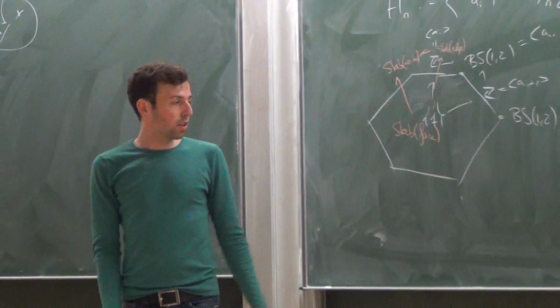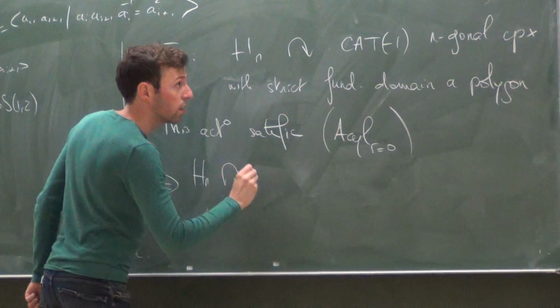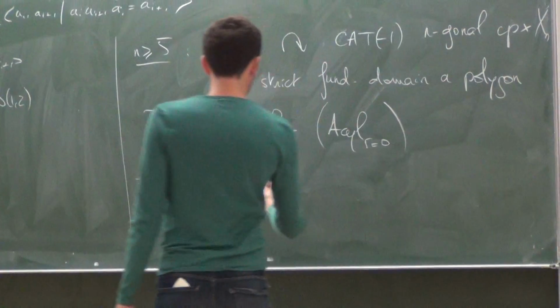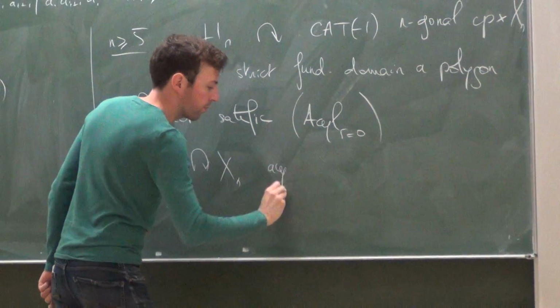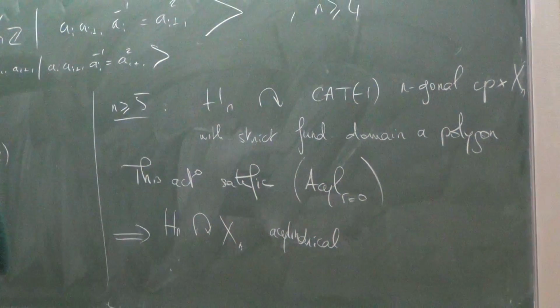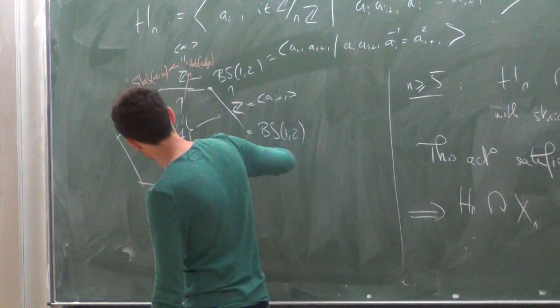It's a very simple exercise. In particular, it means that the action on that complex Sn is acylindrical. It's an n-gonal complex where you can easily subdivide it into a cube complex, into a square complex.